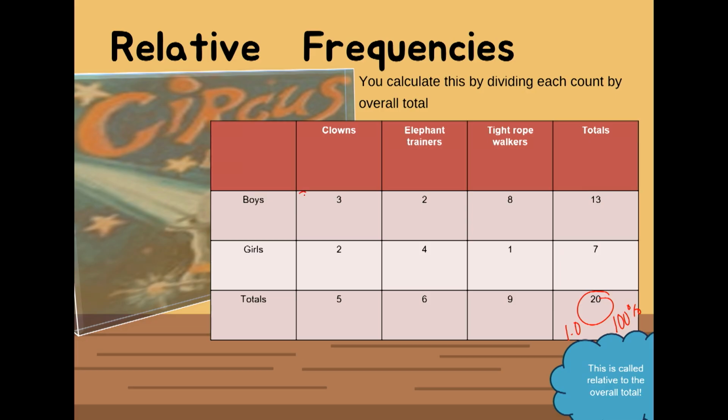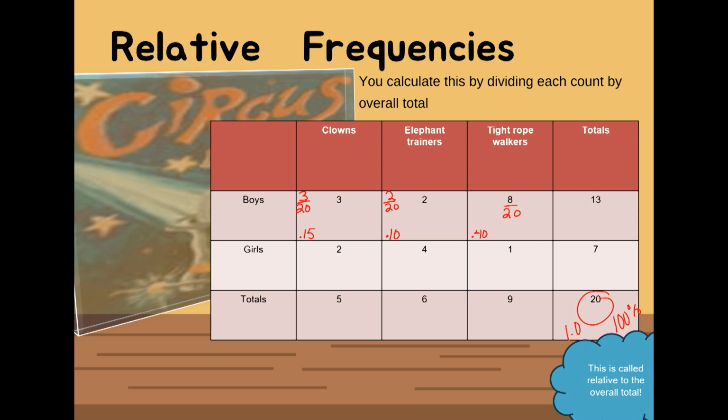So I take 3 divided by 20, and I'm going to get 0.15. I look at my boys who are elephant trainers, and that is going to be 2 of 20, and that's going to be 0.10. The tightrope walkers, which is 8 of 20, and that's going to be 0.40.